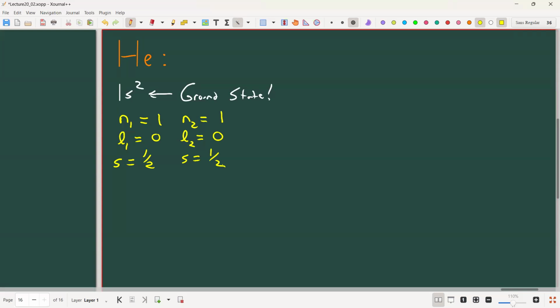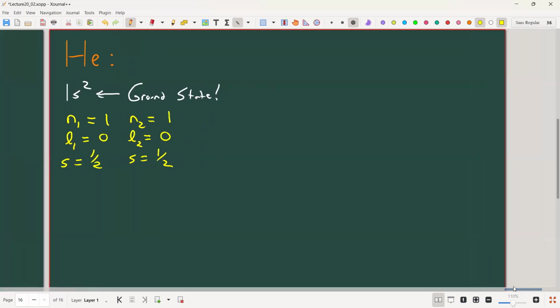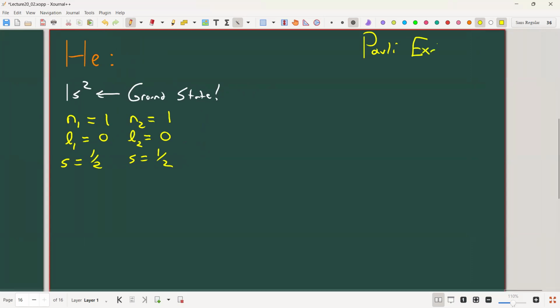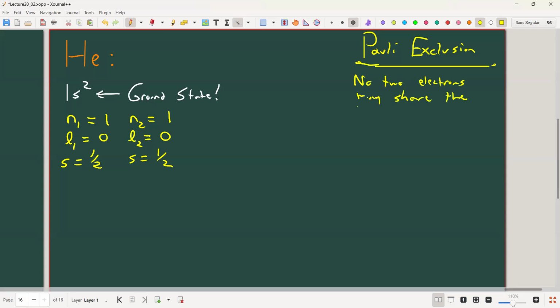But we have to account for a special fact about two electrons in the same orbital. Right now they're in the same orbital. Two electrons, we have to apply now Pauli exclusion. What does Pauli exclusion say? Pauli exclusion says that no two electrons may share the same state.